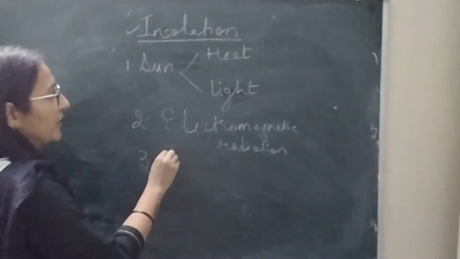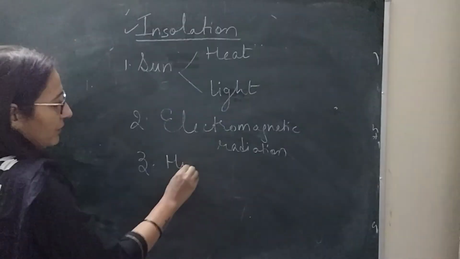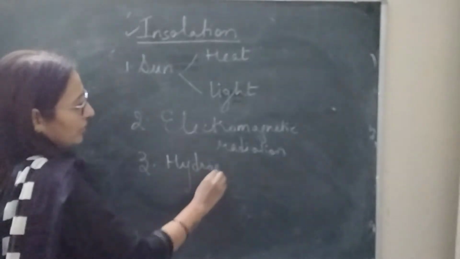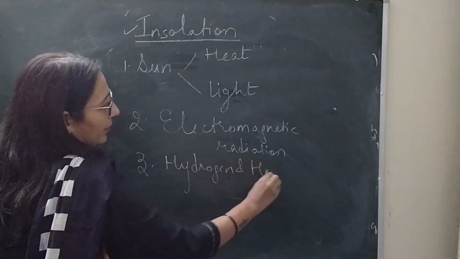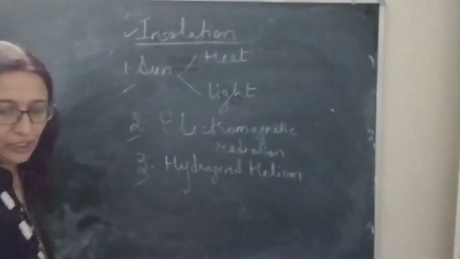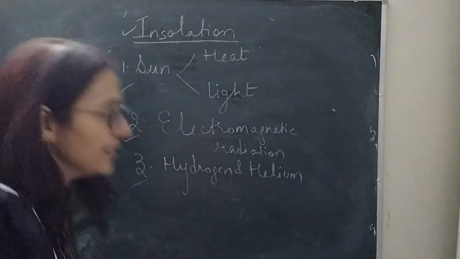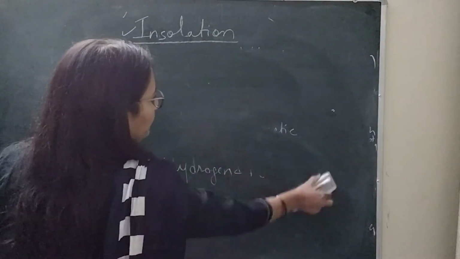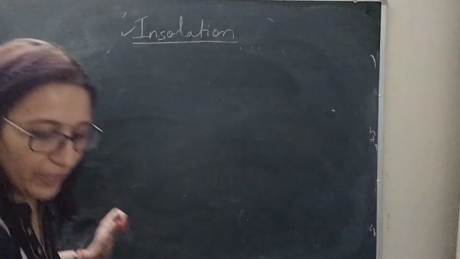Two prominent gases of the sun are hydrogen and helium. So this is all about some important parts. Let's start with another important topic.